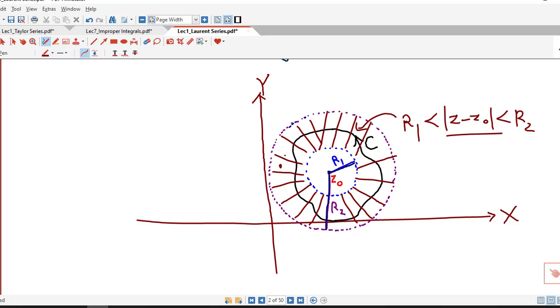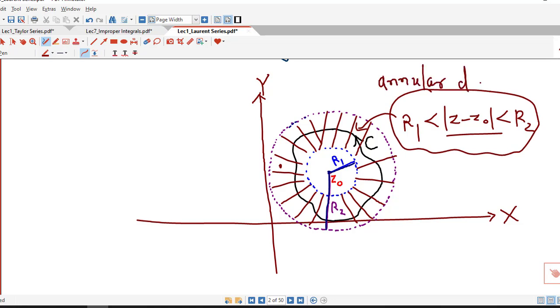So any point z in this annular domain satisfies this inequality, and we can represent the annular domain by this inequality. So for Laurent series we require that our function is analytic in an annular domain.